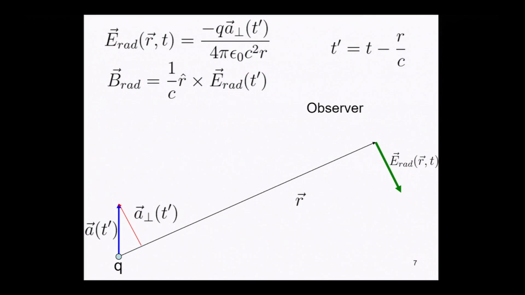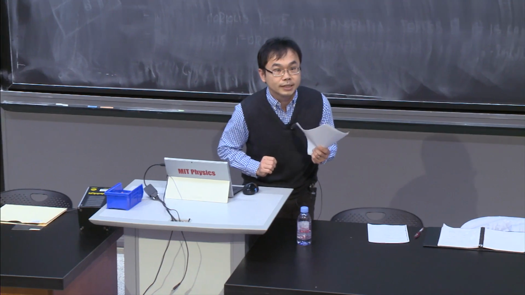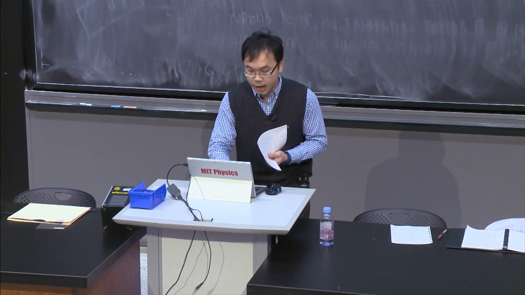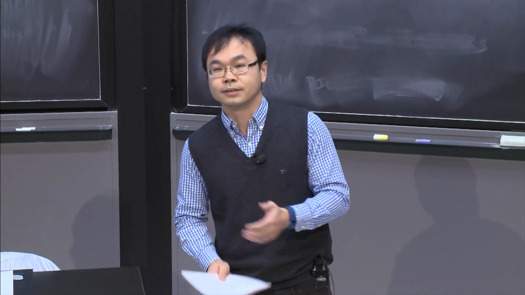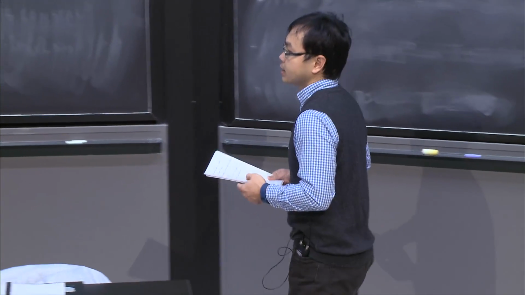The magnitude is proportional to A perp, but only evaluated at the retarded time t prime equal to t minus r over c, where r is the distance between the observer and the radiating charge. The reason we have this t prime, the retarded time, is because of the speed of propagation of information.